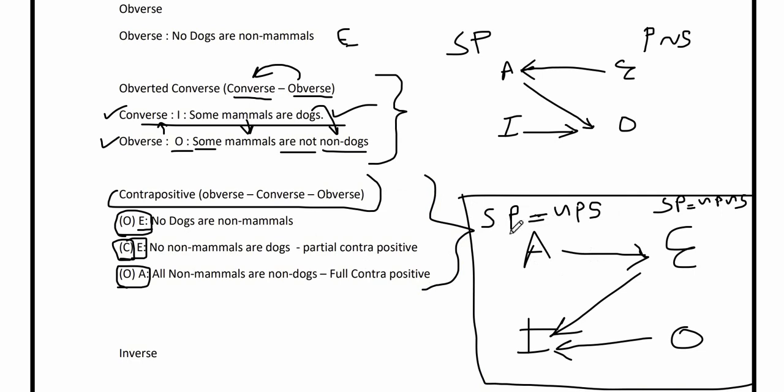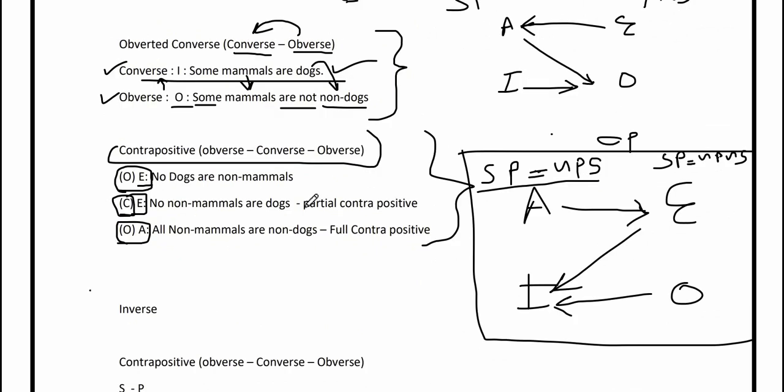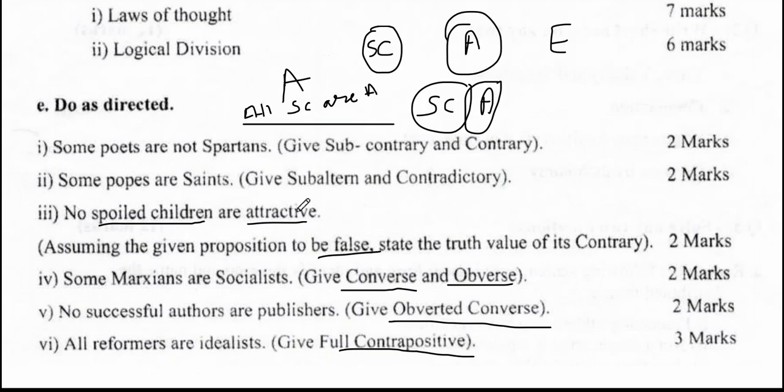SP partial is converted to non-PS, and SP full is non-P non-S. I'm talking about contrapositive. Now how do we solve this? So this is also very simple. Okay, continuing on, let's look at the question of the full contrapositive.